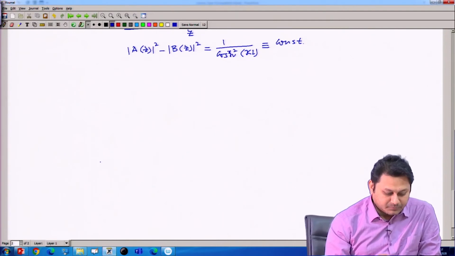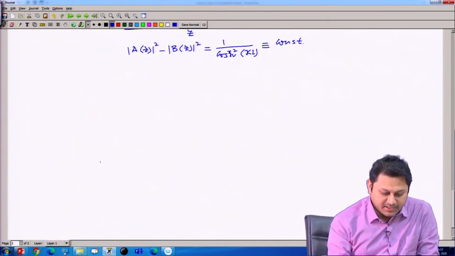Now, the reflection coefficient we already calculated.